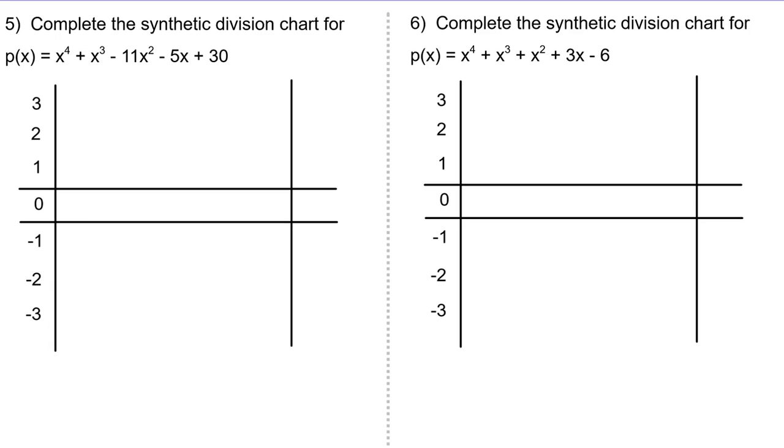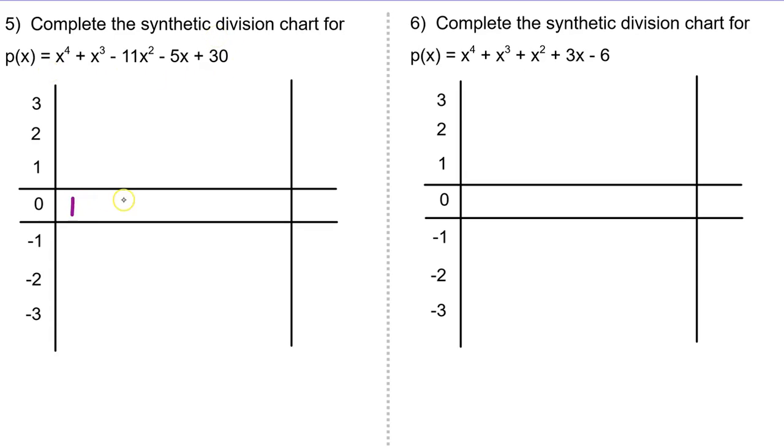Okay, in numbers 5 and 6, we're going to review how we do synthetic division in a synthetic division chart. So this is a shortcut for the synthetic division that we just practiced in numbers 3 and 4. So we have this polynomial p of x, and if we were to divide it by x minus 0 using synthetic division, we would get all of the same coefficients that you see in the problem now, but the 30 would be the remainder.